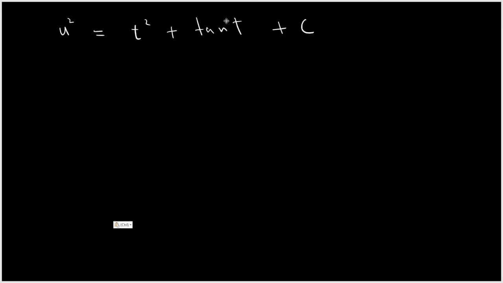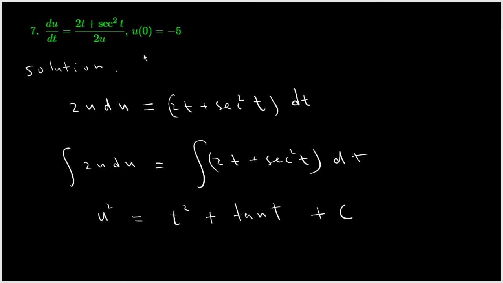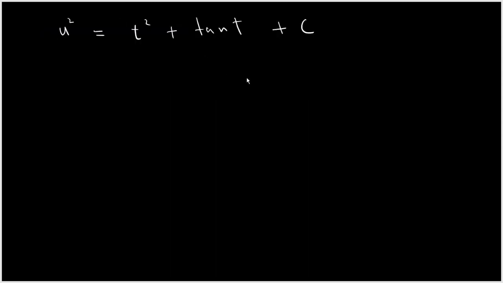That's the line we got on the last slide, right? I'm going to copy the initial condition. Because the value of u is equal to -5 when t is 0.